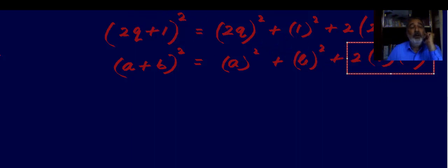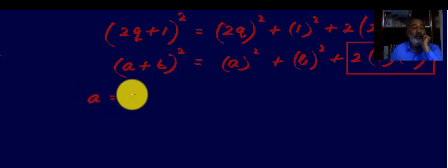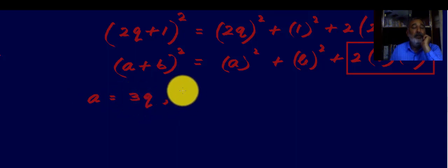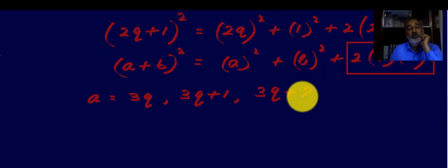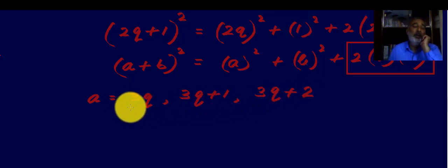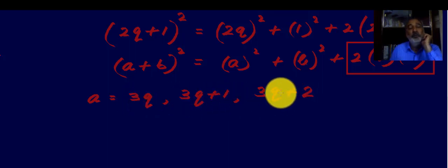Here I will write b as 3. So what will be the possible forms? If I am taking a as 3q, 3q plus 1 and 3q plus 2 form. Remember, if I take b as 3, r can have values of 0, 1 and 2.